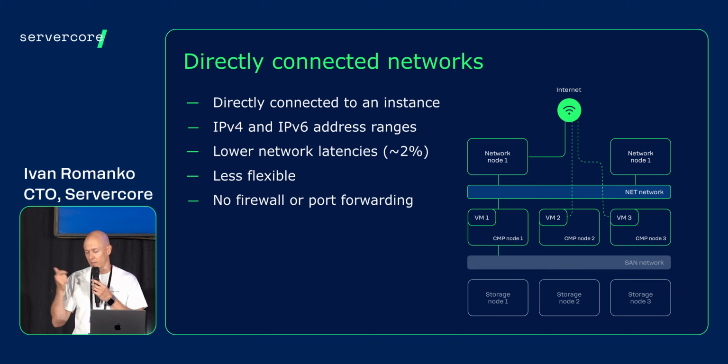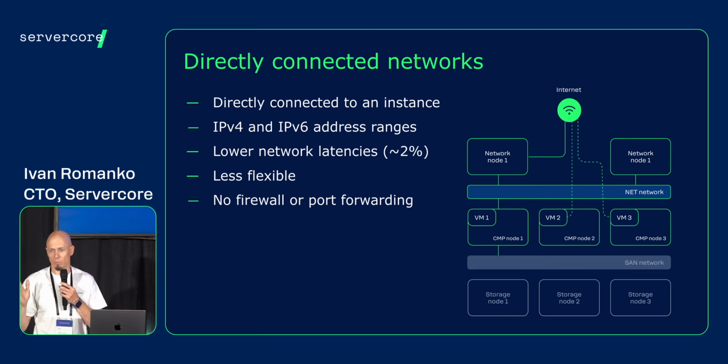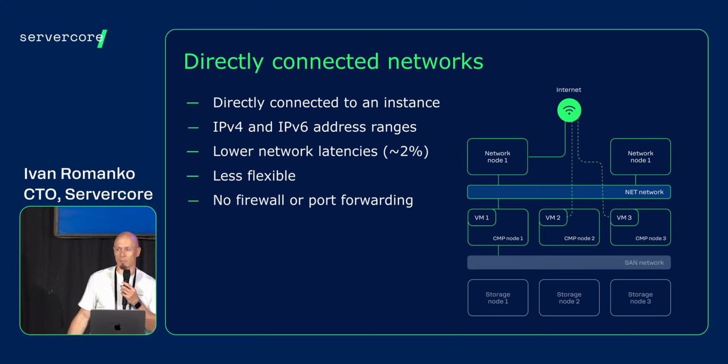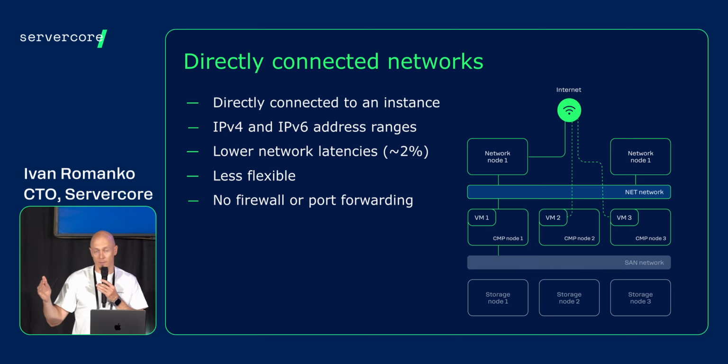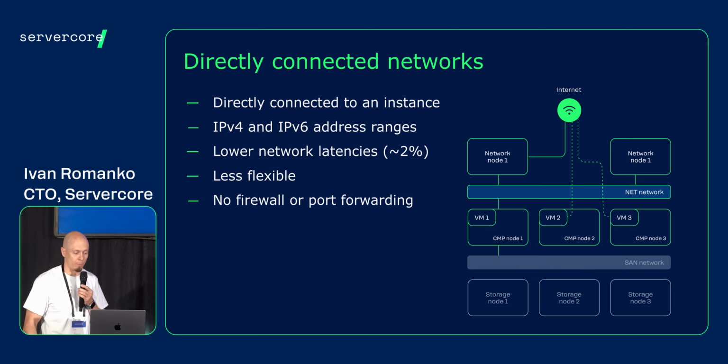We will add this subnet to the firewall and we'll be good to go. If you have such requirements, public IP ranges are for you. And in the Servercore Cloud case, we also provide IPv6 connectivity inside this.